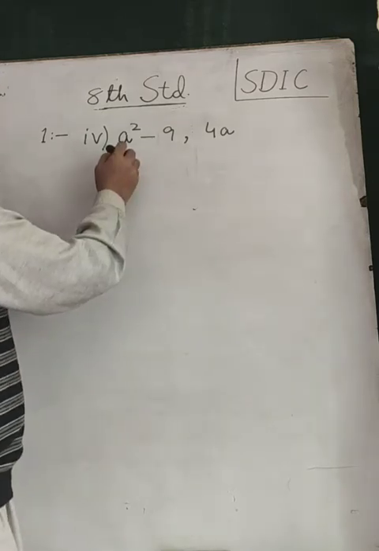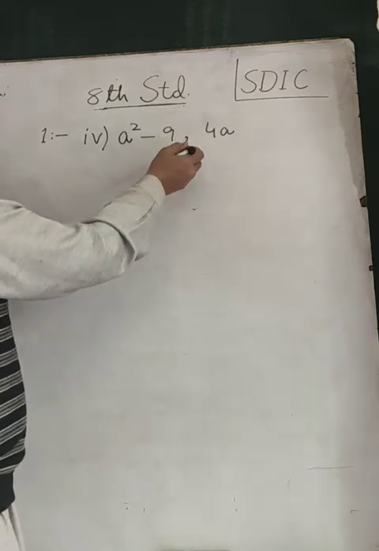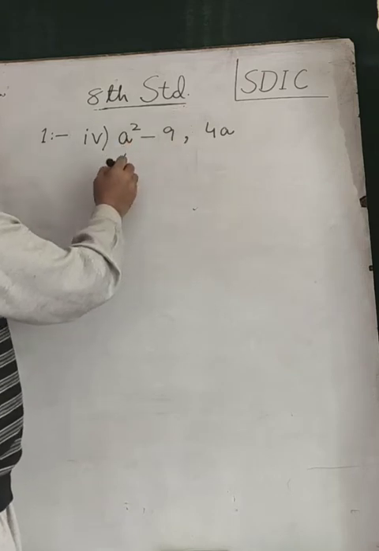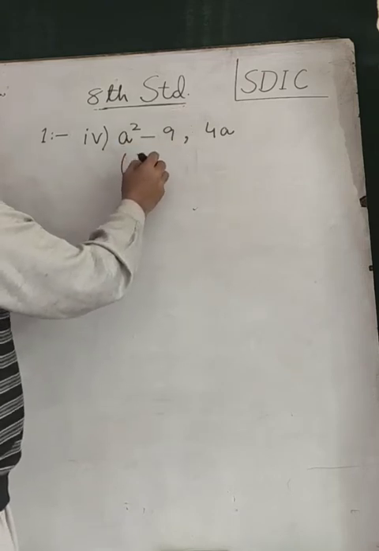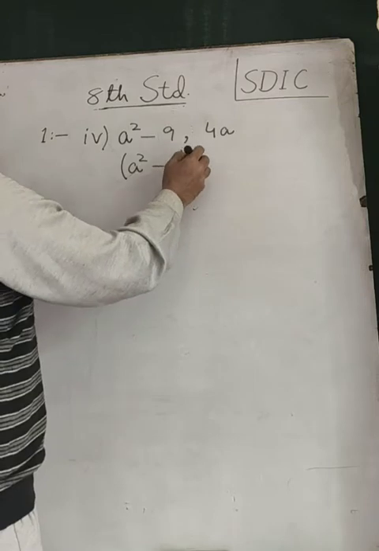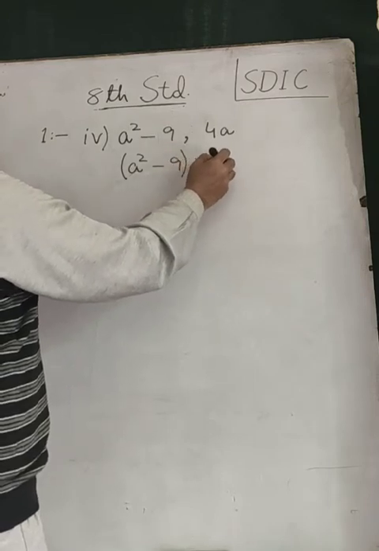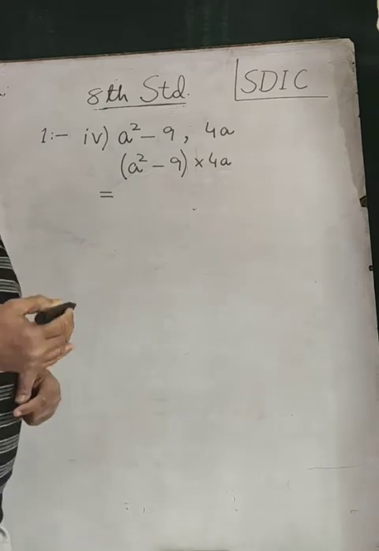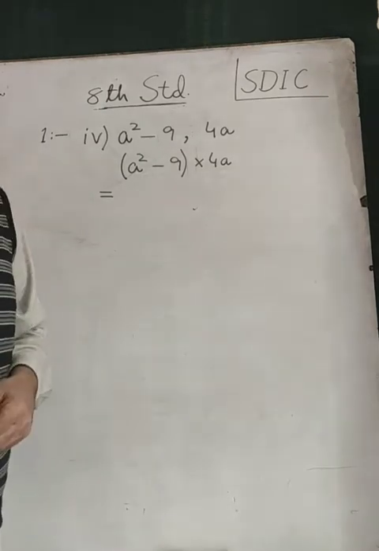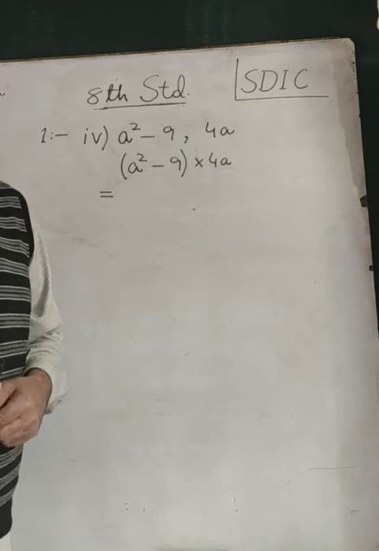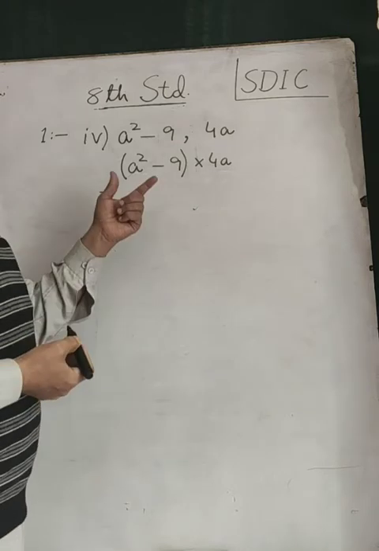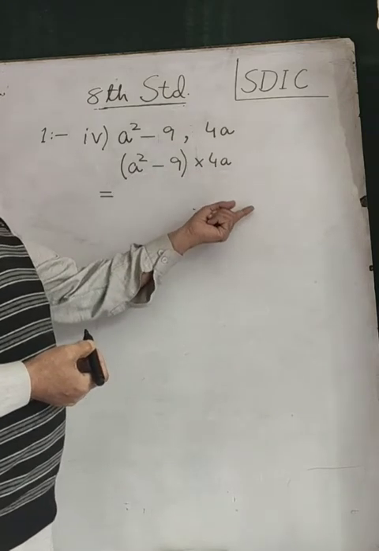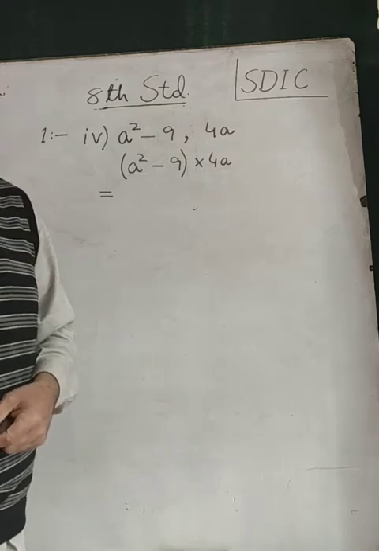Writing it in usual symbolic form, multiplication will be introduced in place of comma. Binomial a square minus 9 will be in the bracket, multiplied by 4a. And then use the distributive law. So same thing we are repeating again and again. This will give you practice how to multiply binomials by monomials. And later on you have to use these in some more questions.